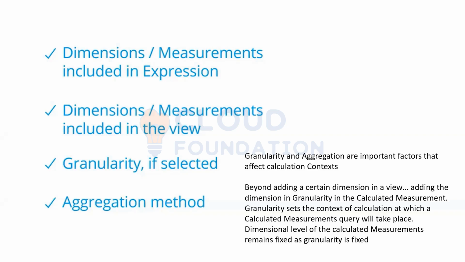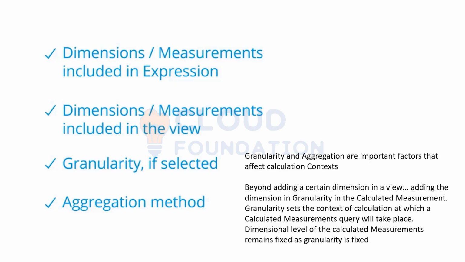The dimensional level of calculated measurements remains fixed as granularity. So if you change any dimension level, if you have fixed the granularity, why do we need to choose the granularity? So that my calculation is true with the most granular factor in my data.